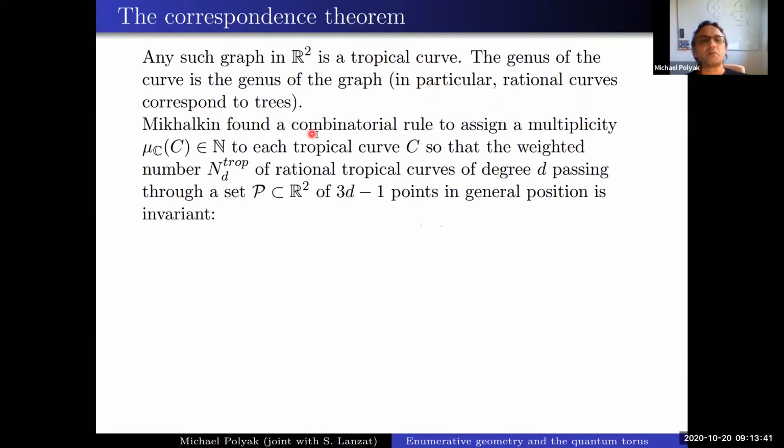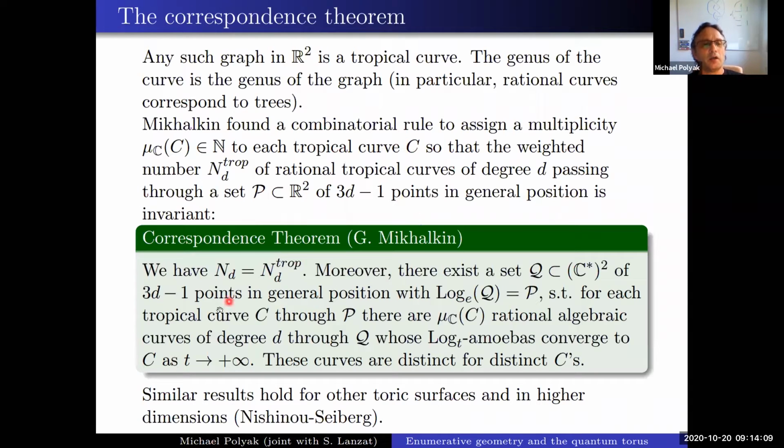However, there's a nice combinatorial rule to assign a certain multiplicity, which is just some natural number to each tropical curve, so that if you count each tropical curve passing through a certain collection of points in general position, then first of all, this number is invariant, and it's even more, not only that it's invariant, it equals the honest number of complex curves through a collection of 3d-1 points.